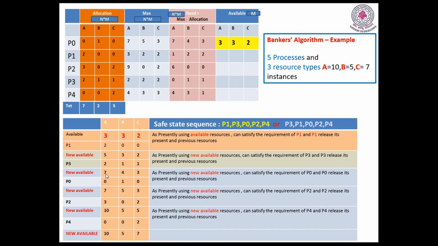So presently available plus allocated resources. That means 7 plus 0, 7, 4 plus 1, 5, 3 plus 0 equal to 3. Presently available 753.